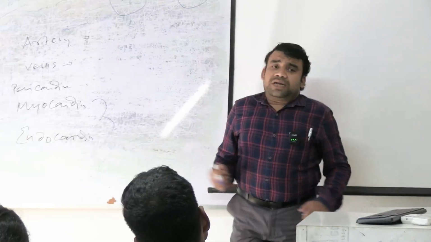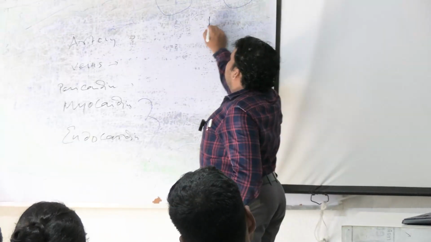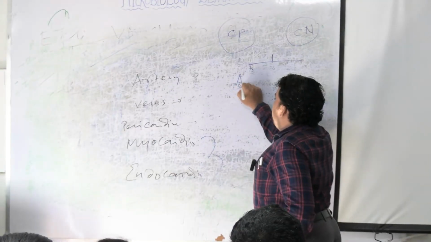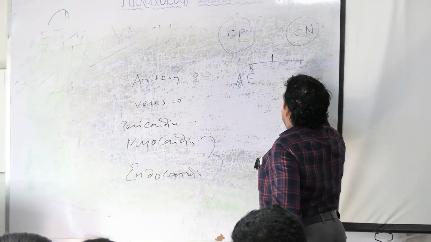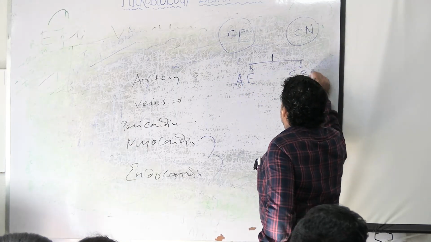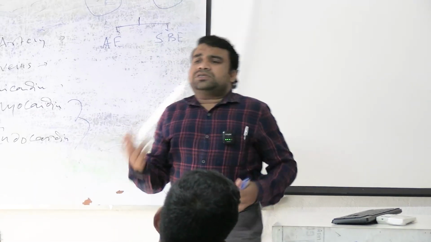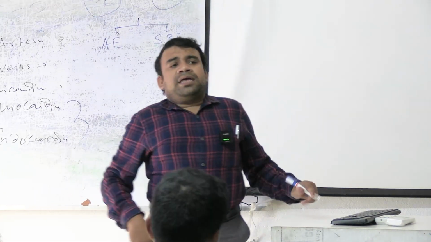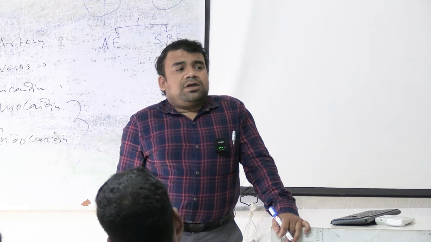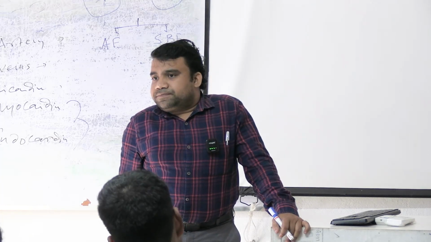Infective endocarditis can also be divided into two parts. One is called acute endocarditis, another is called subacute bacterial endocarditis. Now, as the name suggests, acute means the presentation is very rapid, and subacute means the presentation is very insidious.